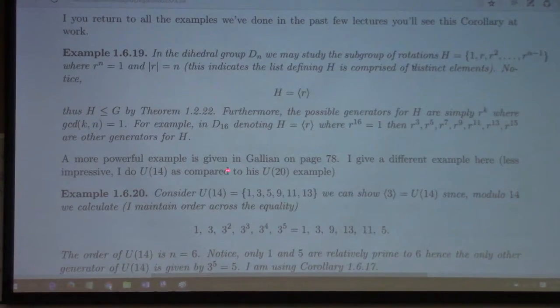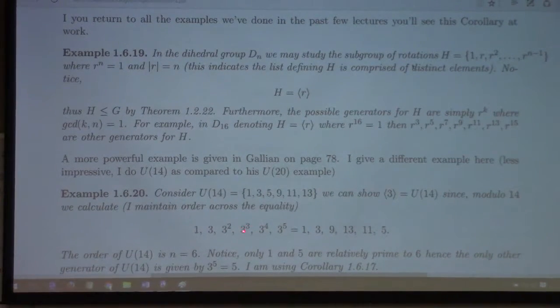Gallian gives a killer example on page 78 with U20. I'll look at U14: 1, 3, 5, 9, 11, 13. In fact, U14 is cyclic. It's generated by 3. You can easily calculate that: 3 to the 0 is 1, 3 is 3, 3 squared is 9, 3 cubed is 27, which is 13.